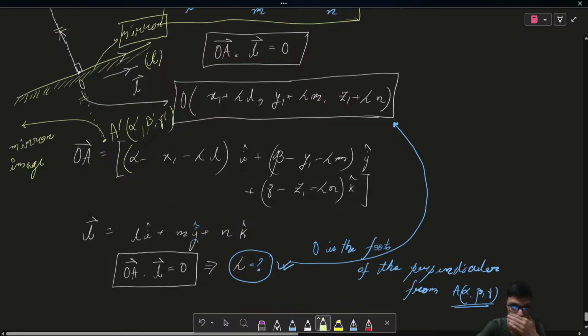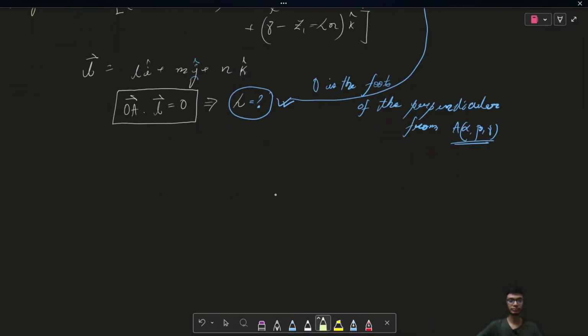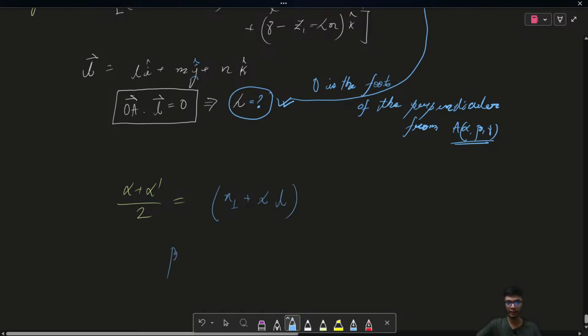From this particular formula itself, I can find that alpha plus alpha dash by 2 should be equal to the x coordinate of this O point, which is given as x1 plus lambda times l. Similarly, beta plus beta dash by 2 should be equal to y1 plus lambda times m.